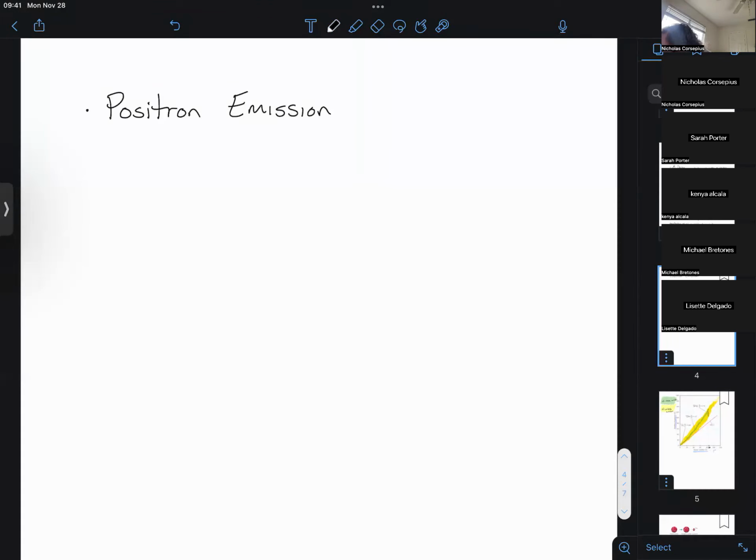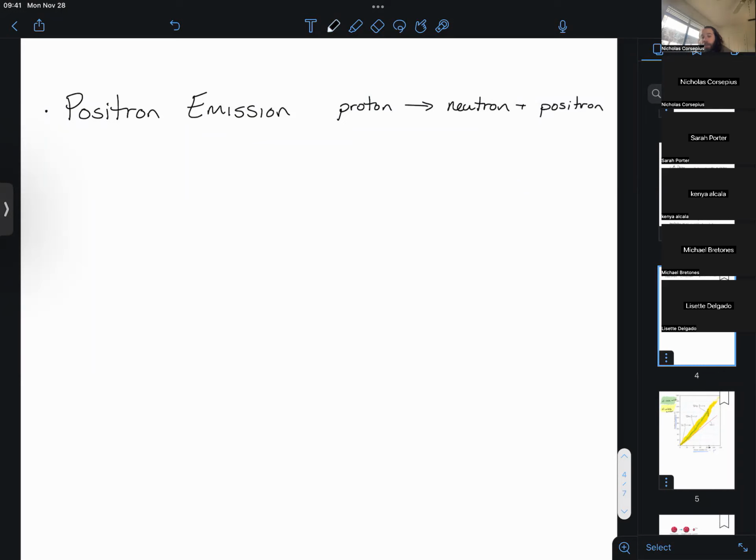It's now a proton becoming a neutron and what's called a positron. And this is a new type of particle that you've never heard of before.